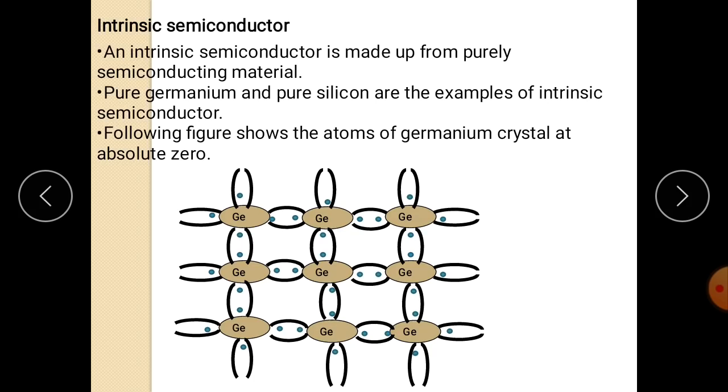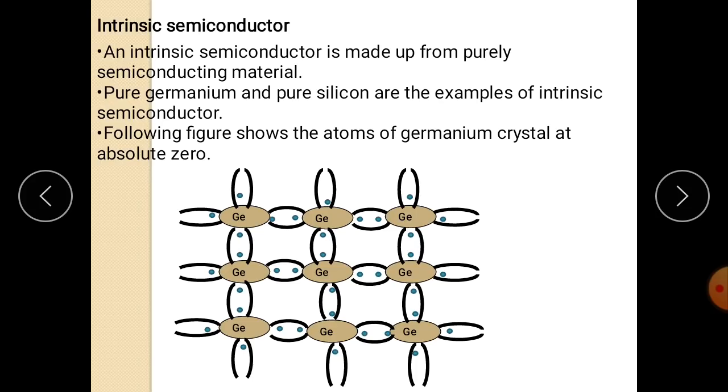So there are two types of semiconductors. One is intrinsic semiconductor and the other is extrinsic semiconductor. So let us see about intrinsic semiconductor. An intrinsic semiconductor is made up of semiconductor material in its extremely pure form.